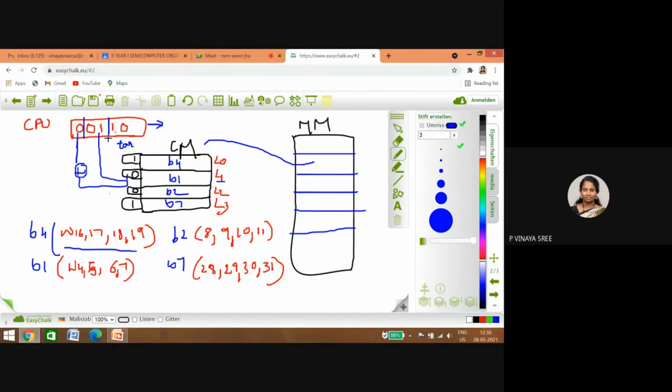After the hit, which word in this block the processor requires is based on this word offset. It is 10. That indicates what is present in this is B1. Now in this block, the words are numbered 0, 0, 0, 1, 1, 0, 1, 1. This is the word the processor is asking for.